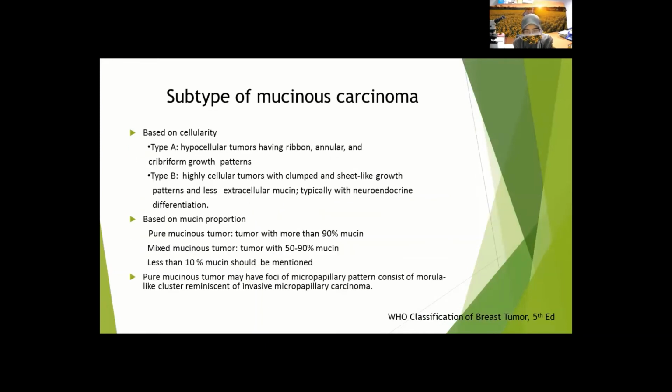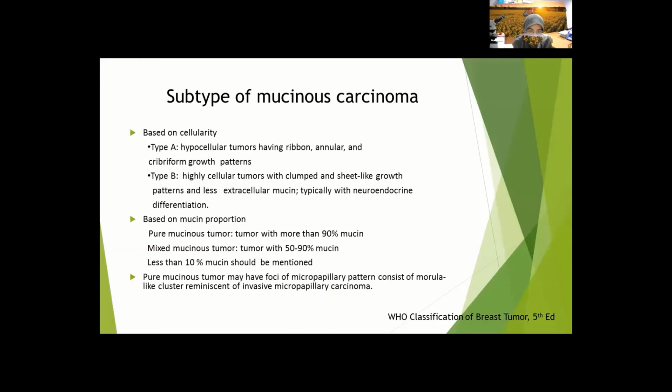The subtypes of mucinous carcinoma are based on cellularity as well as on mucin proportion. For cellularity, type A is where the tumor is hypocellular with ribbon, annular, and cribriform growth patterns. Type B is a highly cellular tumor with clump and sheet-like growth pattern, less extracellular mucin, and typically with neuroendocrine differentiation.